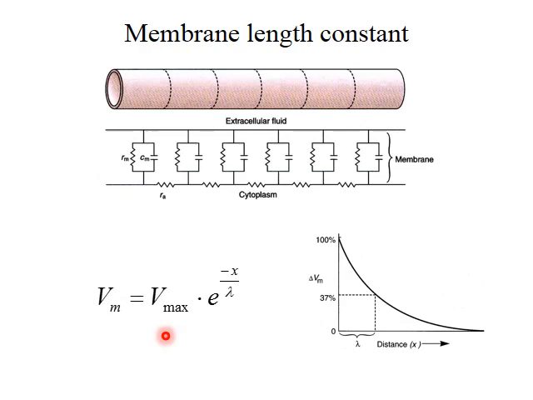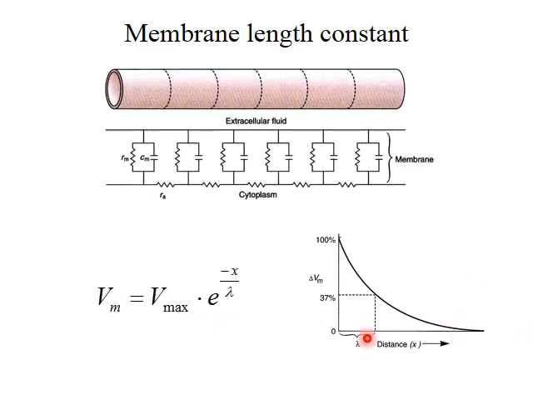You can see this equation has a very similar form to the equation for the membrane time constant. And if we plot out this equation of voltage as a function of x, of distance, we find that if the depolarization was generated at x equals 0, and this was the V max, the maximal depolarization, as we measure the voltage as a function of distance down the dendrite, it decays as a first order exponential, as is described by this equation here.